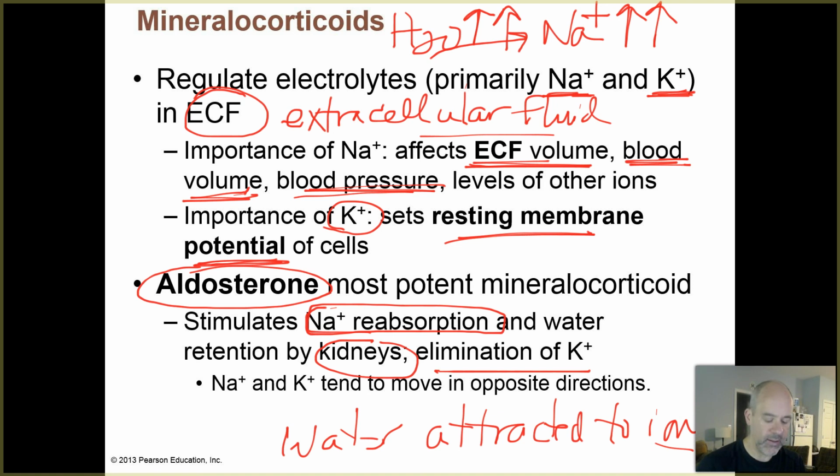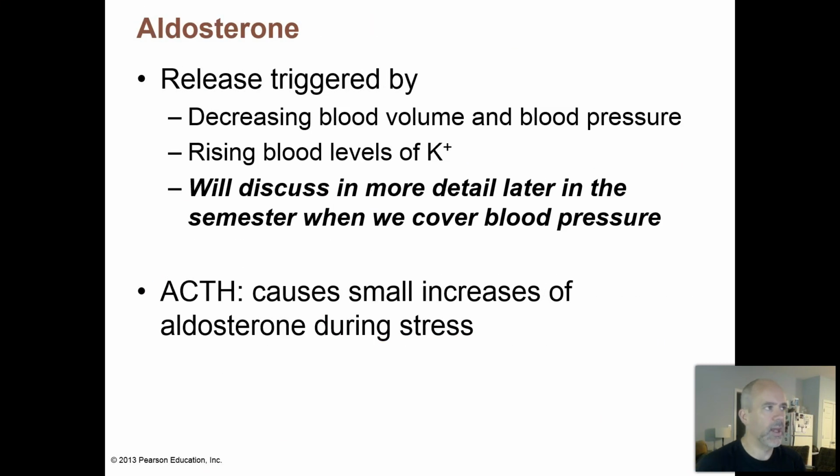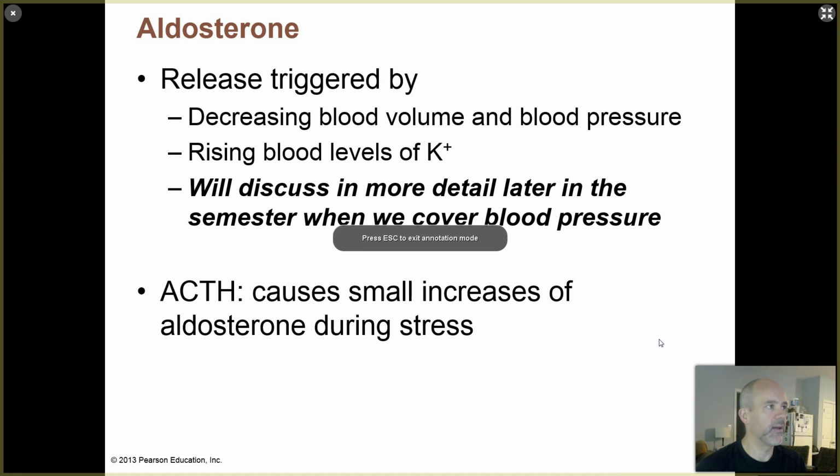So sodium and potassium tend to move in opposite directions. And that's something that's going to come up again in nursing school, those of you going into nursing. So you want to keep that in mind as well. You will hear quite a few of these things again.